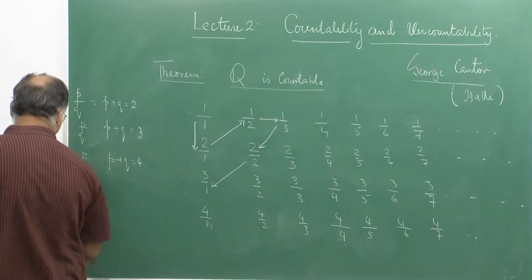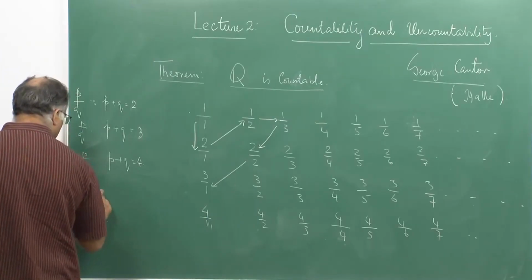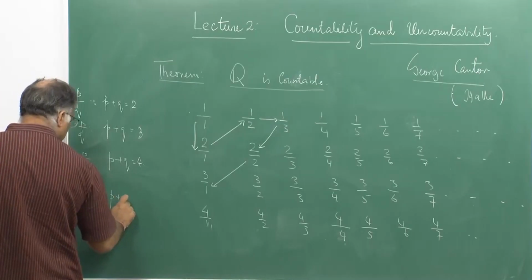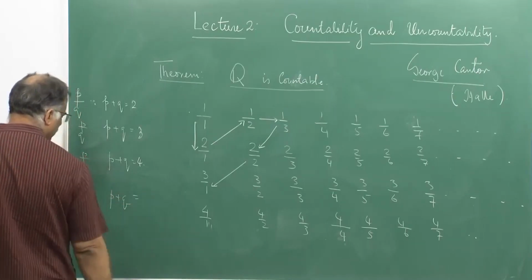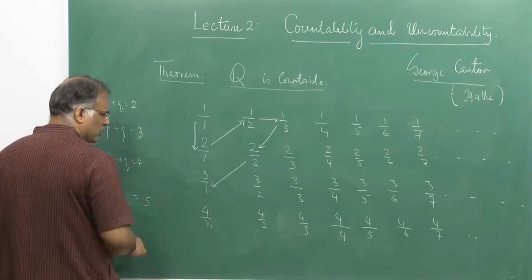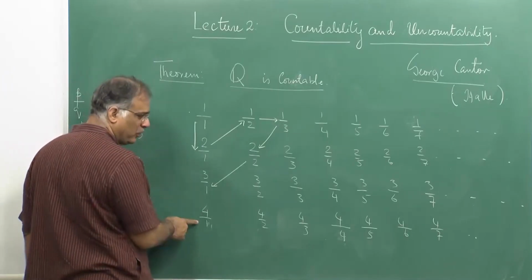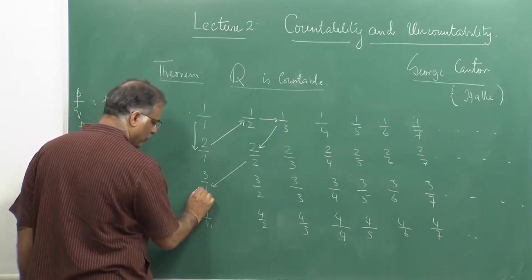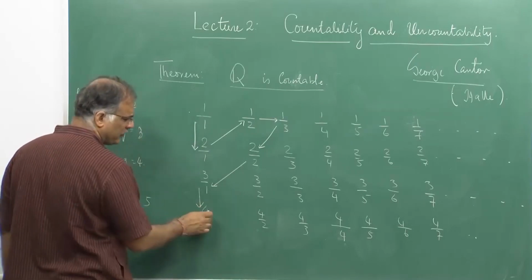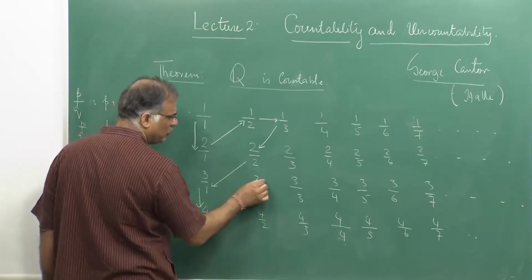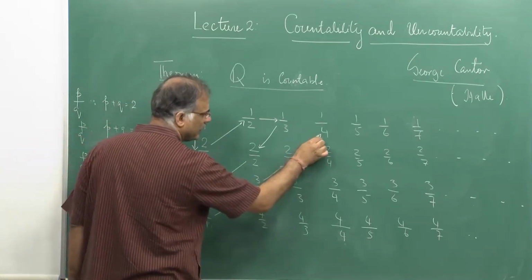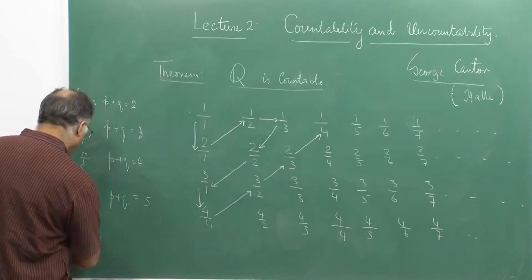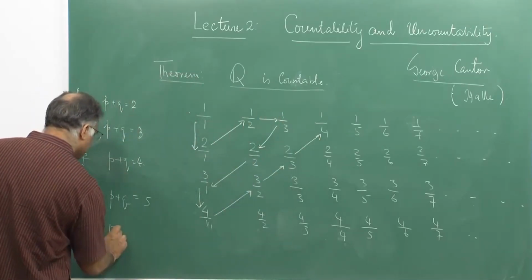So now I am again looking for P plus Q equal to 5. What is the next number which makes 5? 4 by 1. So I come to 4 by 1. After 4 by 1, 3 by 2 makes 5, 2 by 3 makes 5, 1 plus 4 makes 5. So then again I do the job.